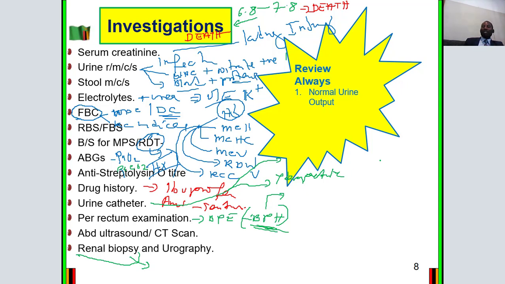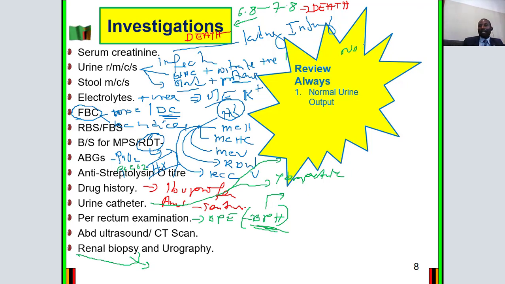So normal urine output is from 0.5 to 1 ml per kg per hour. Okay. Now, that's what we are calling normouria. Now, listen very carefully. Here, we also have to define and talk about these terms.